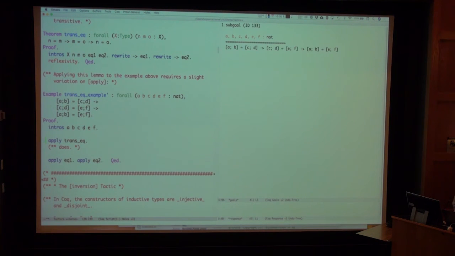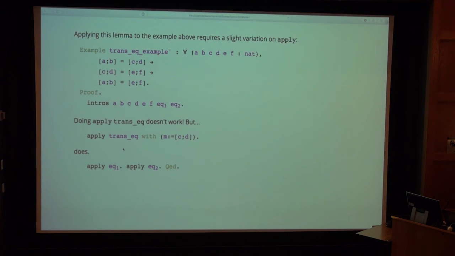Your intuition was correct, but just to spell it out for people: trans_eq takes three arguments n m o, and then it gives you a big conditional thing. So here the goal state matches the whole big conditional thing, not just the conclusion of that condition. So now the unification has more to work with, and we get all of the variables instantiated. Okay, more questions.